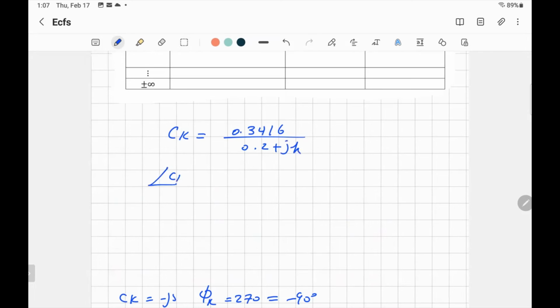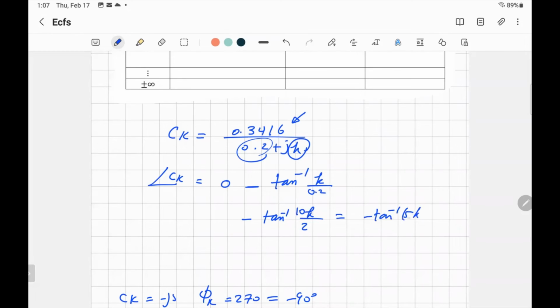The angle of CK is equal to the angle of the top, which is equal to 0, right? Minus the angle on the bottom. The angle on the bottom is tan inverse of the imaginary over the real. So it will be equal to minus tan inverse of 5K.